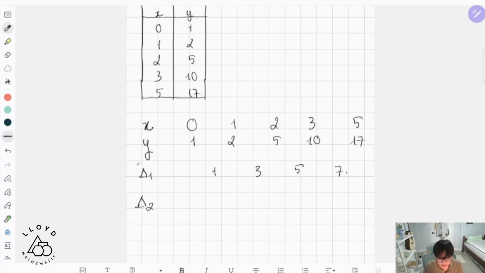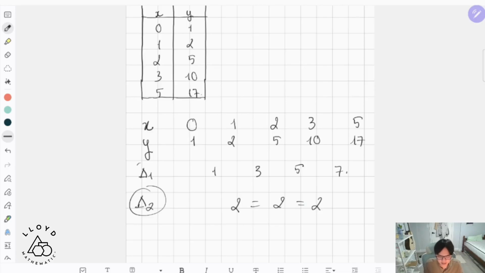And right here, I took the second differences: 3 minus 1 is equal to 2, and 5 minus 3 is also equal to 2, and 7 minus 5 is equal to 2. Right? We see these are the same, 2 equals 2 equals 2. And we would usually conclude that this is a quadratic relation.